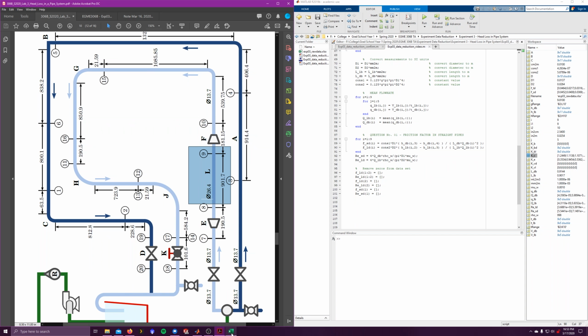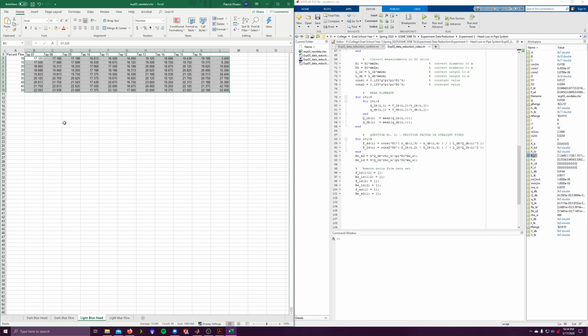We're on the light blue sheet right now, and we imported all of this data into MATLAB. So we need taps 8 and 9 over this length of pipe L, so that's columns 2 and 3 here. That's why we have a 2 and 3 here. It can get confusing. We have a lot of bookkeeping to do with this code, so just try to keep things straight in your head.